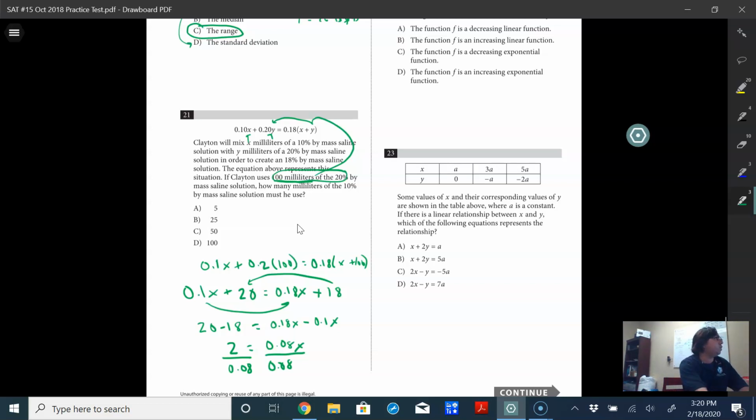So for 21, the answer choice will be B. So 25 equals x. Again, this is just a linear equation word problem, matching up the proper units to the proper variables, and then being able to solve.